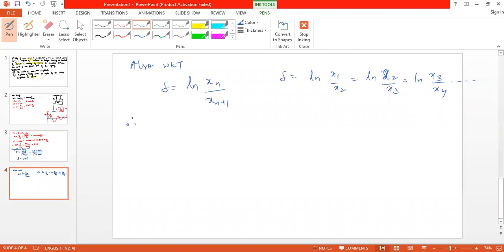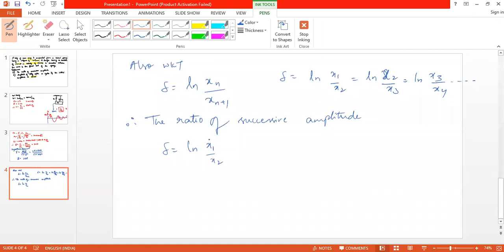Therefore, the ratio of successive amplitude means it may be x1 by x2, or x2 by x3, or x3 by x4. So delta is equal to ln of say x1 by x2.